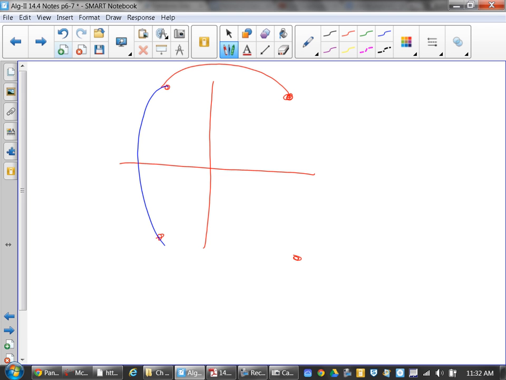So I can't say that these 2 are the same amount of the arc. But if I go from here to here, and I go from here to there, those two arcs are the same value. They're both pi. It's halfway. It creates half circles.